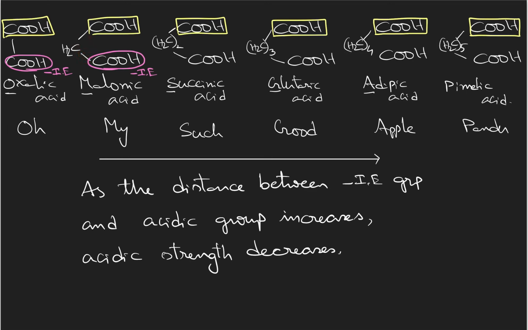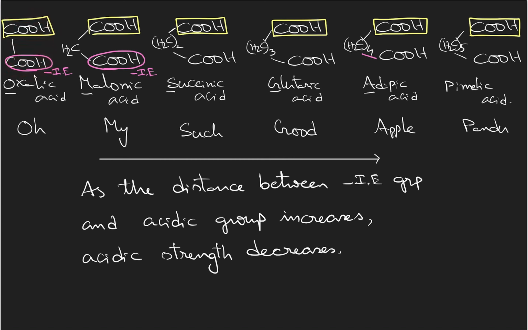So as you are moving from left to right, the distance between the acidic group and negative inductive group goes on increasing. Here one carbon is there between, here 2 carbons, here 3 carbons, here 4 carbons, and here 5 carbons. As the number of carbon atoms increases, the distance between the acidic group and negative inductive effect group will increase.